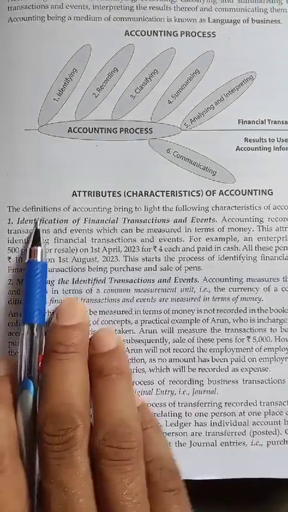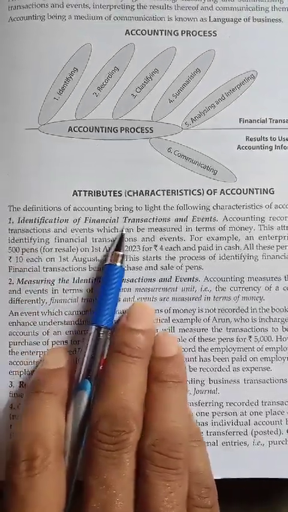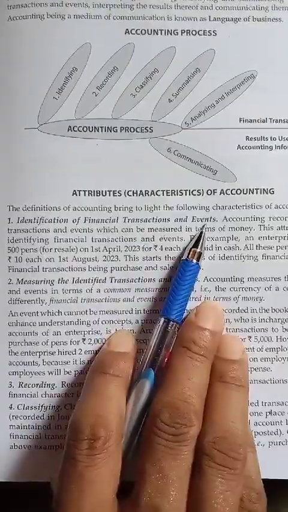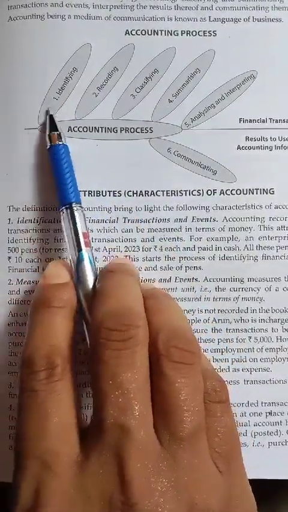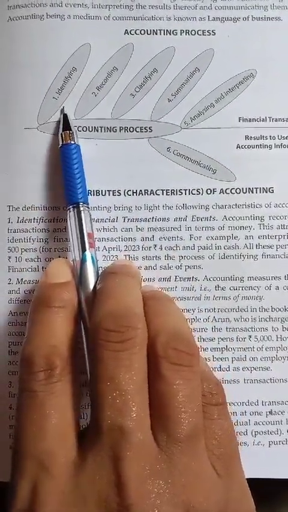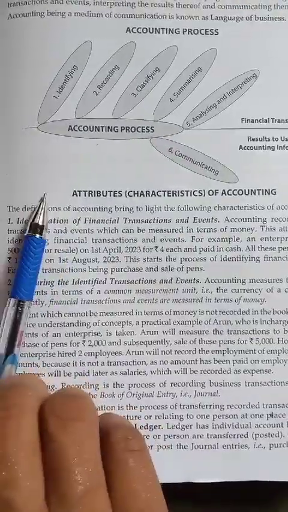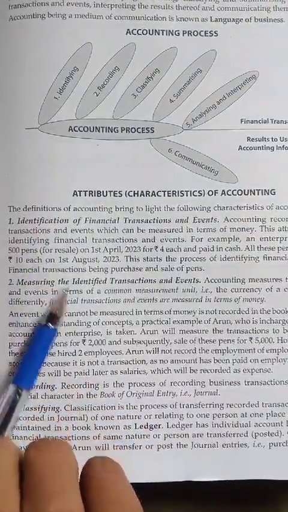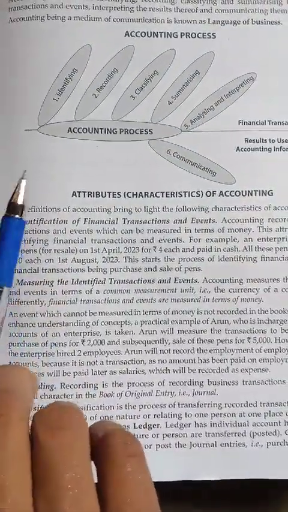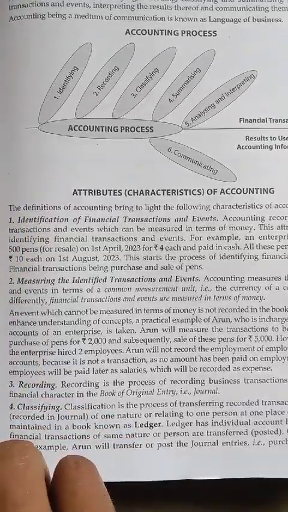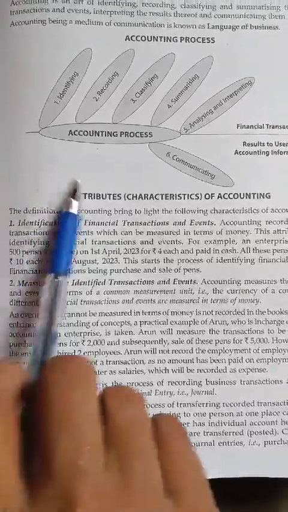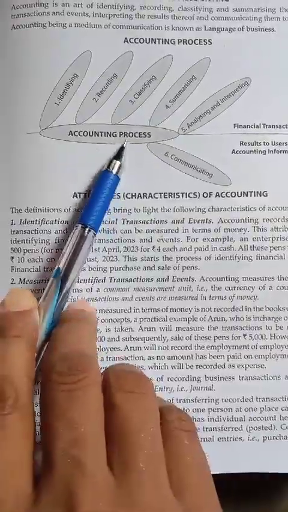So the first step is the identification of financial transactions and events. So the first step is identifying. Identifying what? The transaction. After identifying the transaction, then we will record in the books of accounts.